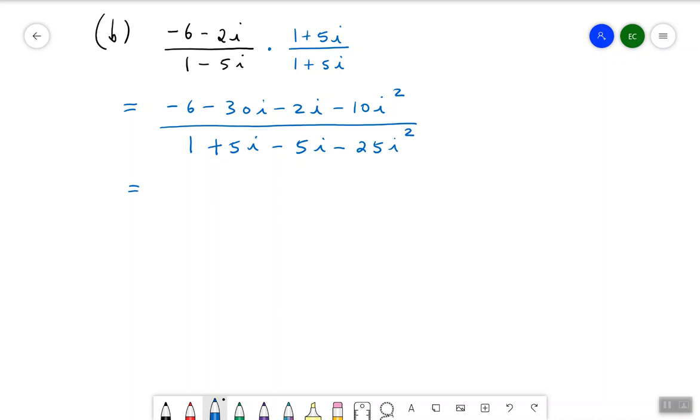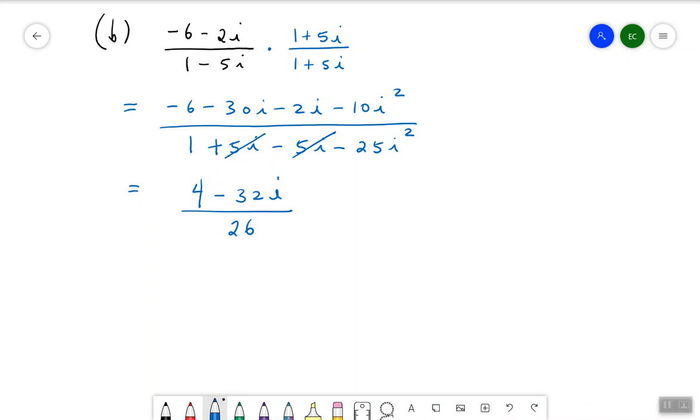We can simplify the numerator. We have minus 6 plus 10, which is 4. And then the two middle terms make a negative 32i. And then in the denominator, the two middle terms cancel, and we're left with 1 plus 25, which is 26.